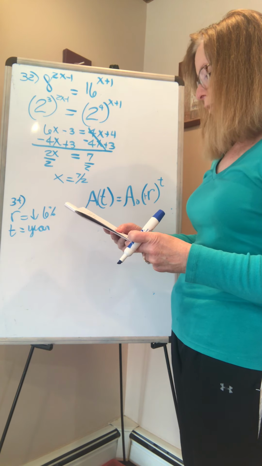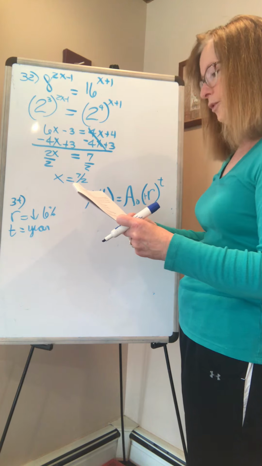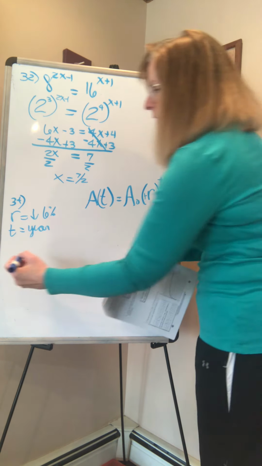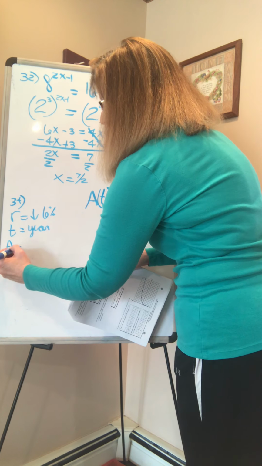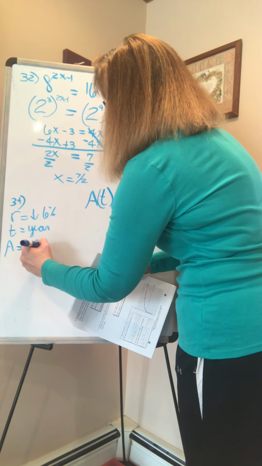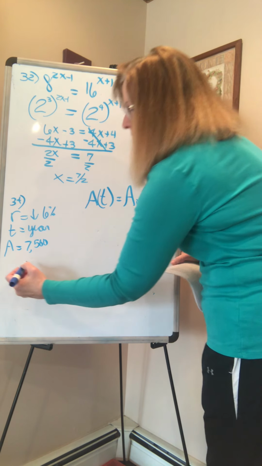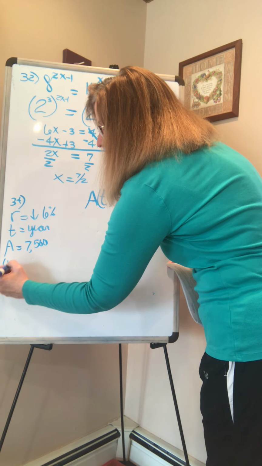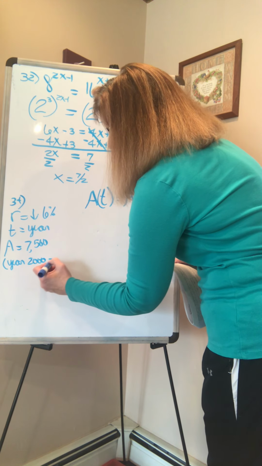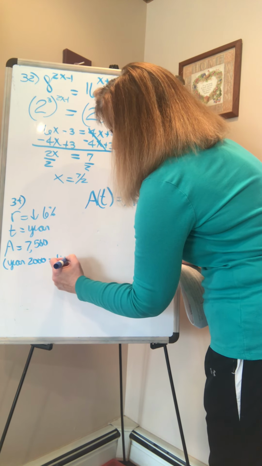And so in 2000, so time 0 is 2000, the population was 7,500. So the initial amount was 7,500. And this is in the year 2000. So year 2000 equals time 0.